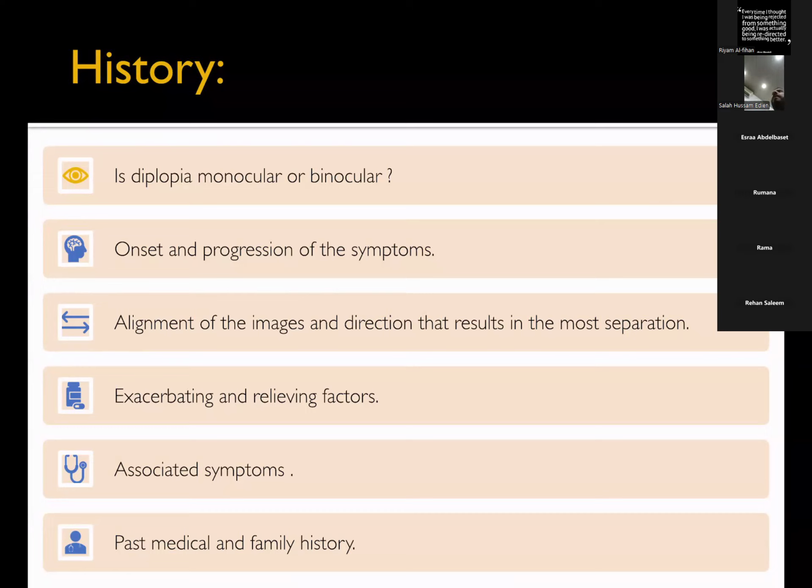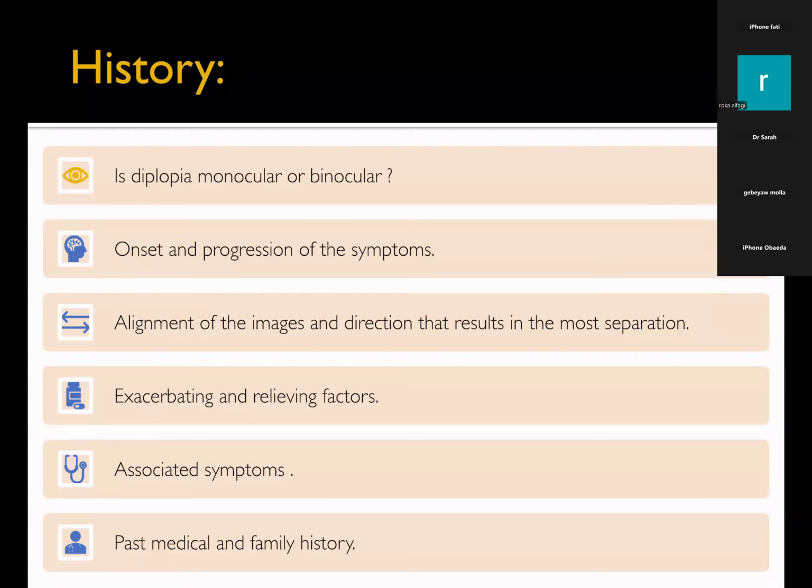But the most important one, which gives us a hint about whether the diplopia is purely ocular or related to other neurological or systemic features, is whether this diplopia can disappear by occluding either eye or not.